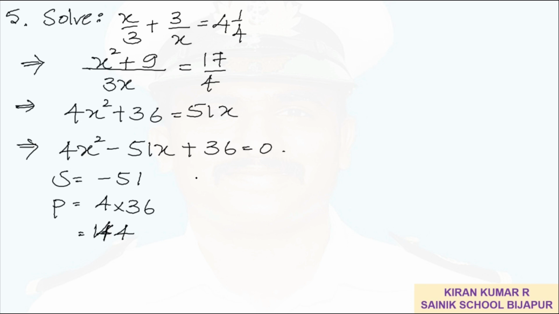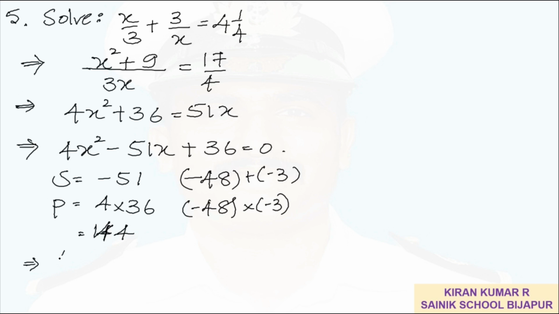Let's guess it. 48, 3 times 8 is 24, 2 carry, 12 plus 2 is 14. Yes, correct. We will take the combination of negative 48 added to negative 3 and negative 48 multiplied by negative 3. It suits here. Therefore, by splitting the middle term, we have minus 48x minus 3x instead of minus 51x.